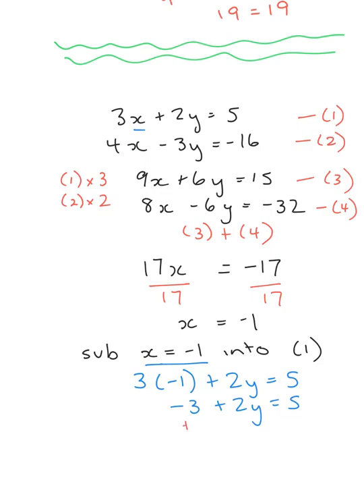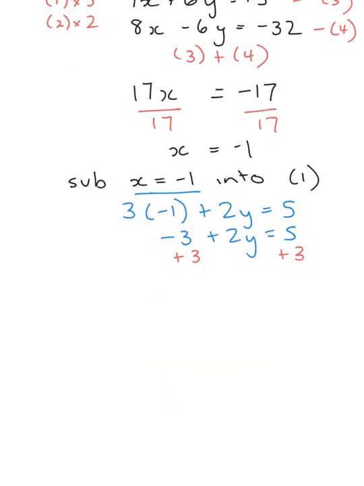Adding 3 to both sides of the equation gives 2y equals 8. Dividing both sides of the equation by 2, I can see y equals 4. Hence, the simultaneous solution to the two equations is x equals negative 1, y equals 4.